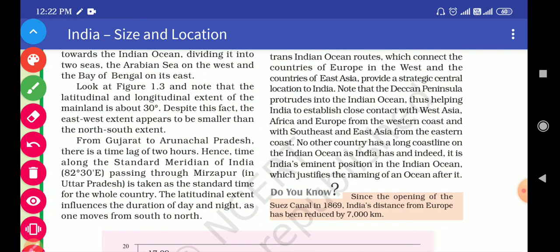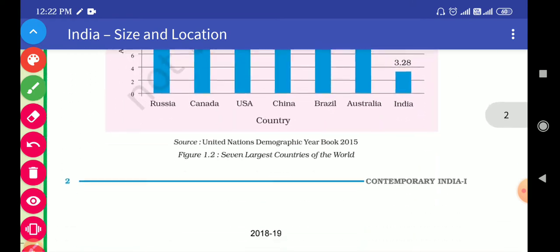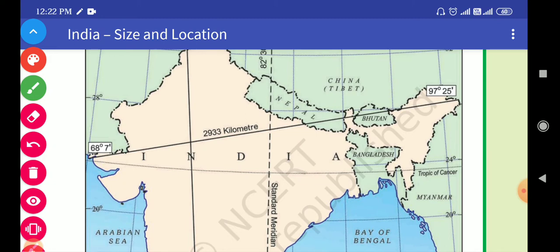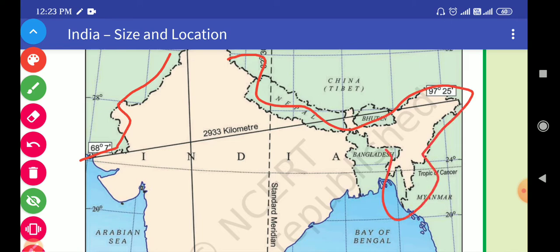Now the next thing is, what is the total area of India? As I mentioned, it is 3.28 million square kilometer. And if we observe the total land mass of India on the world map, India's total land area in the world is 2.4%. In the same manner, if we talk about land boundary, see here, this is the land boundary of India.